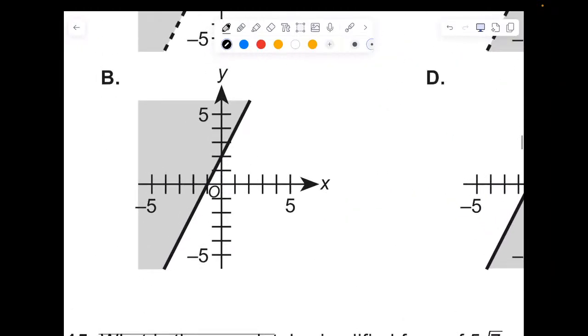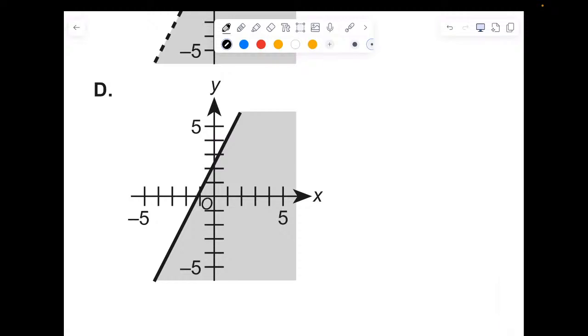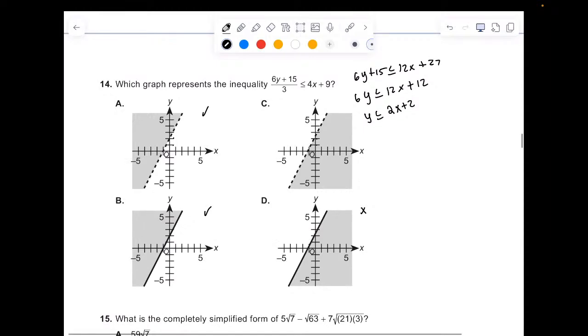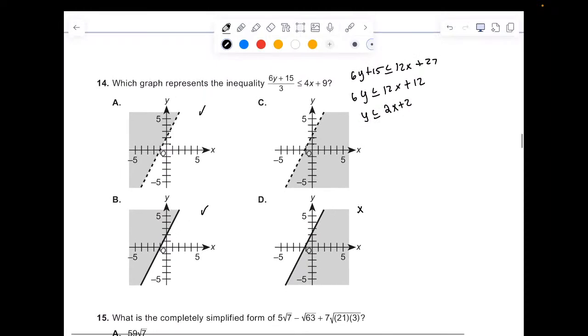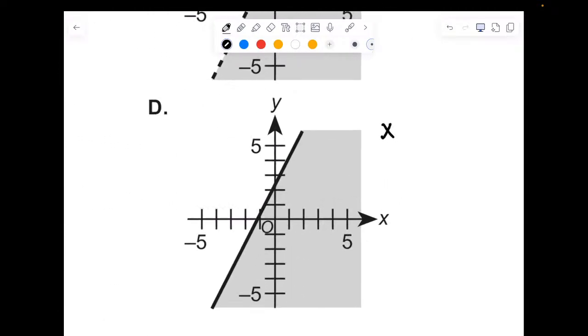B, that intersects at 2. And this one does not. Alright, so now it's greater than or equal to, which means we have a solid line. So it has to be B. Right?